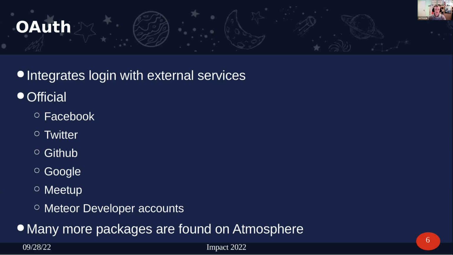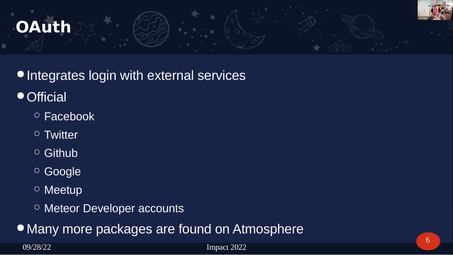But once you have all that set up, the user clicks a button. It will pop up a window that goes to, in this case, Facebook services, where they either log in or confirm that they want to log in to your website. Once they get through that, it will come back to your application, and it will create a user account for them or log in to their existing account.